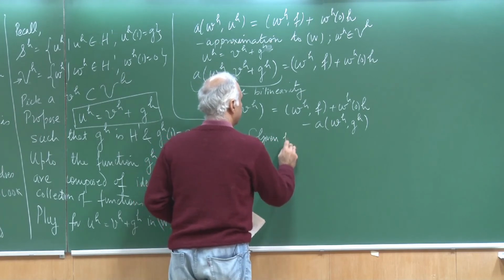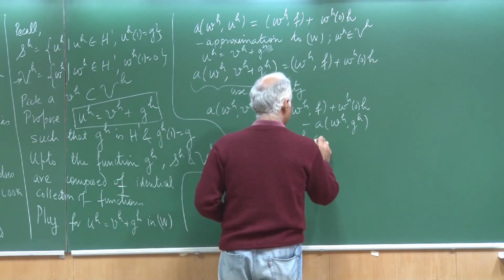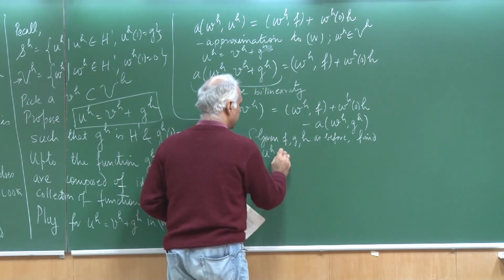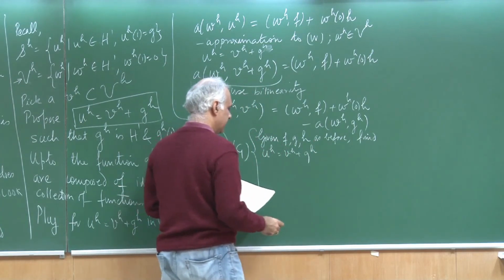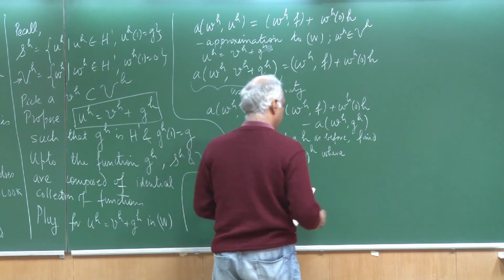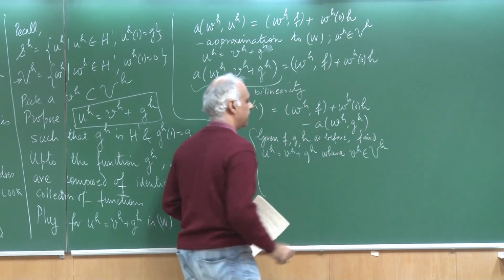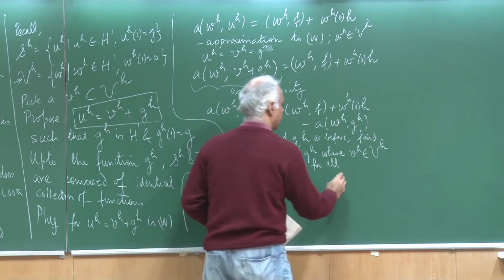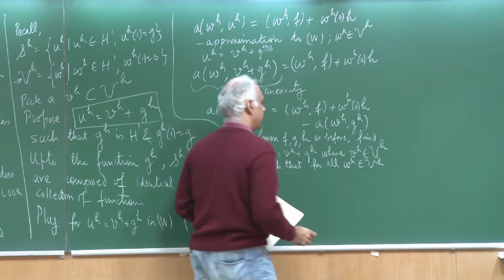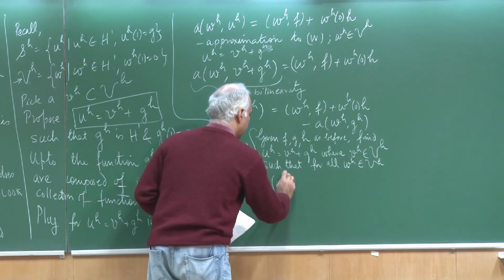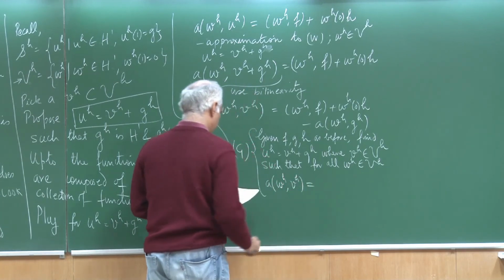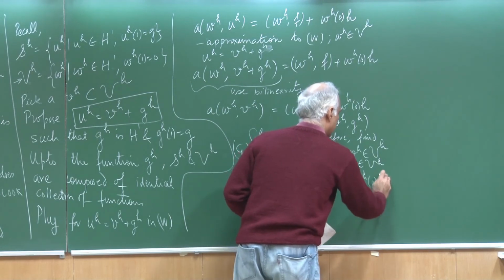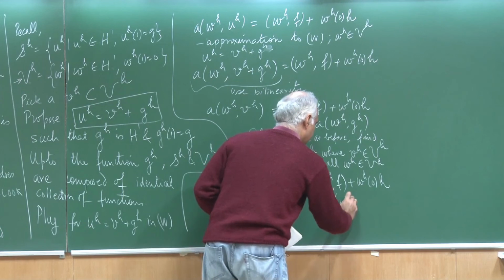So, this statement is: given f, g and h as before, I am supposed to find uh equal to vh plus gh, where vh belongs to the space Vh such that for all wh that belong to the space Vh, I must satisfy A of wh comma vh is equal to wh comma f plus wh0 times h minus A of wh comma gh.